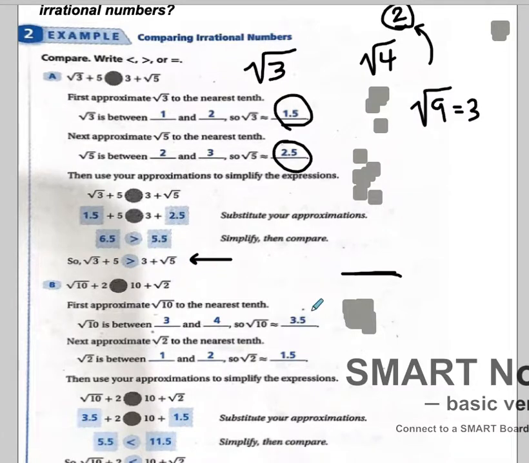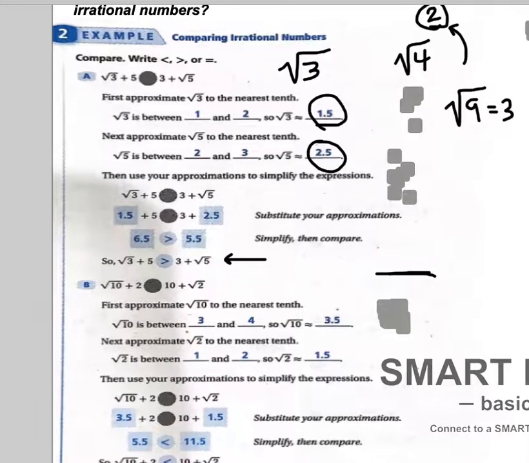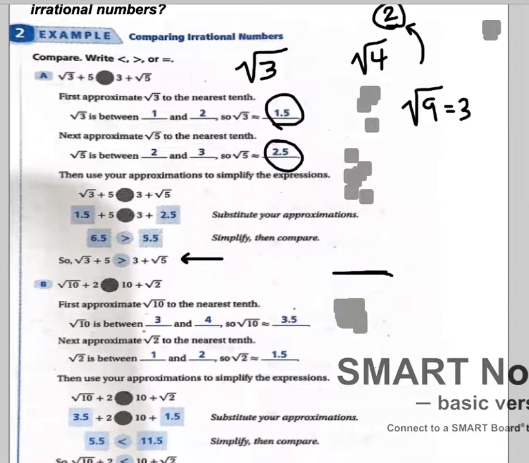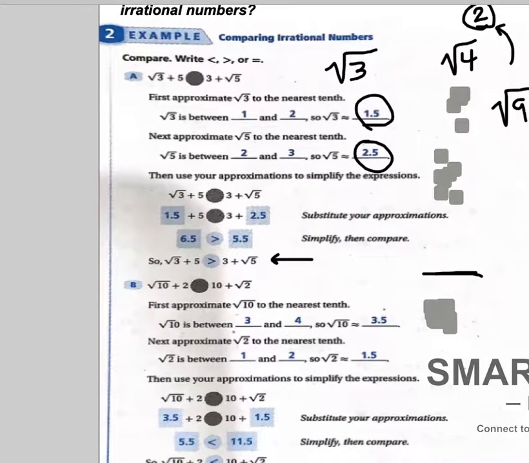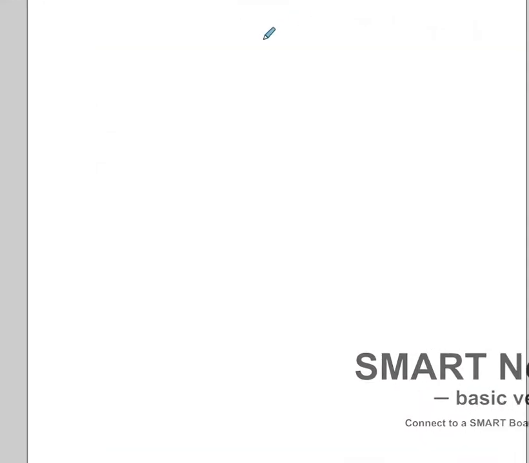The first thing we're going to do is start with the square root of 10. Again, when we do that, we have to look for the perfect square group. So we have to remember the square root of 1 equals 1, and then 4, the square root of 4 equals 2.